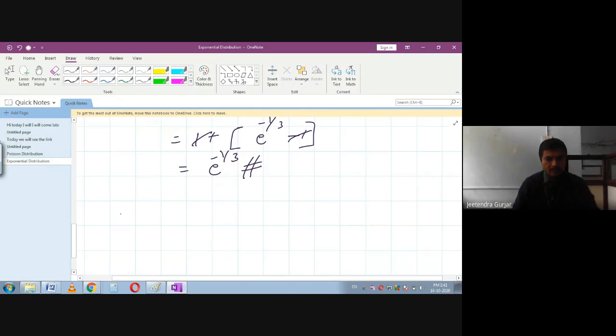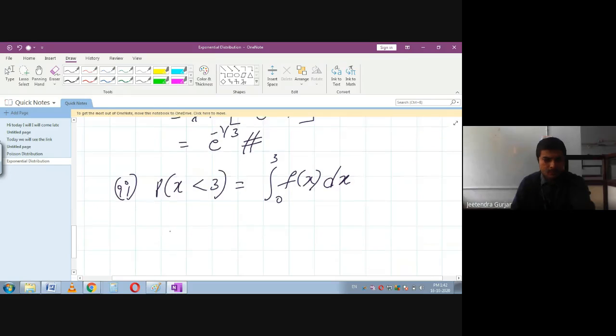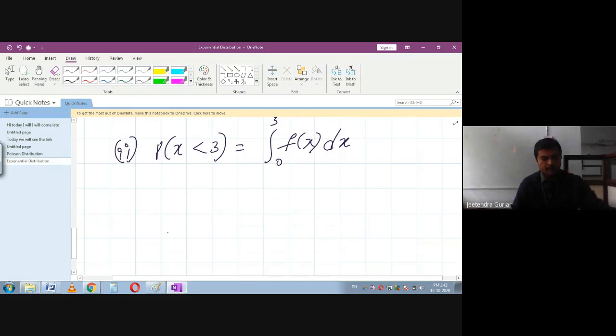In the second question, they have asked us for P of x less than 3, which is again a positive value, so it is the integral between 0 and 3 of f of x dx. You will substitute the value, students.